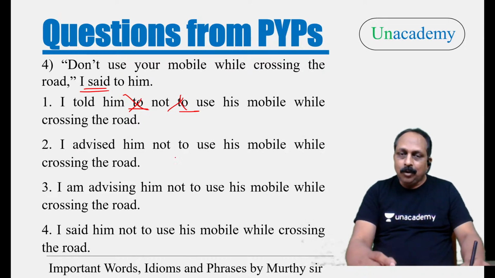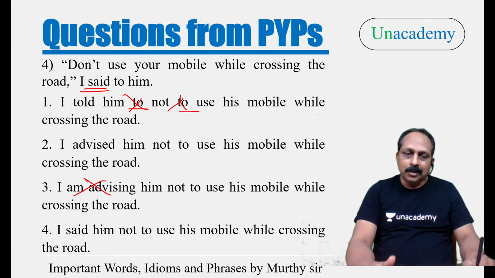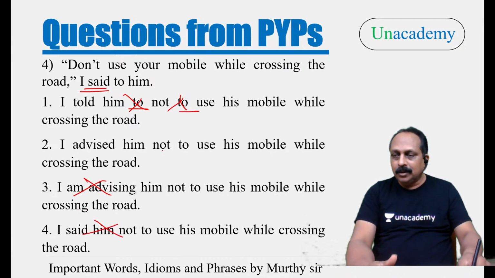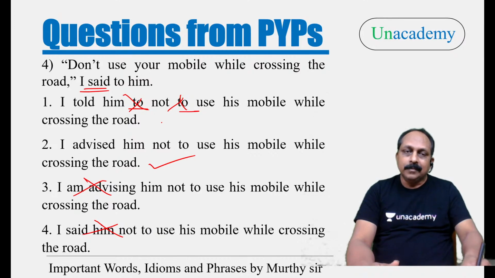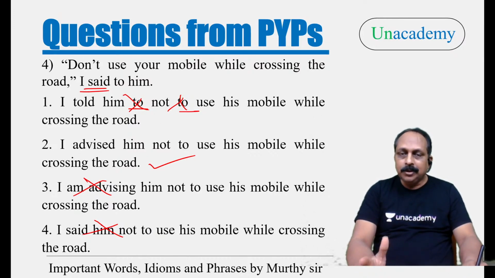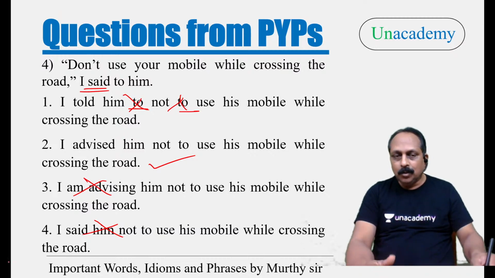I advised him not to use his mobile while crossing the road seems right. You cannot change the reporting verb. I said him not to use, I said him, that is grammatically not correct. So what is the answer? It is like advice. I advised him not to use his mobile while crossing the road.